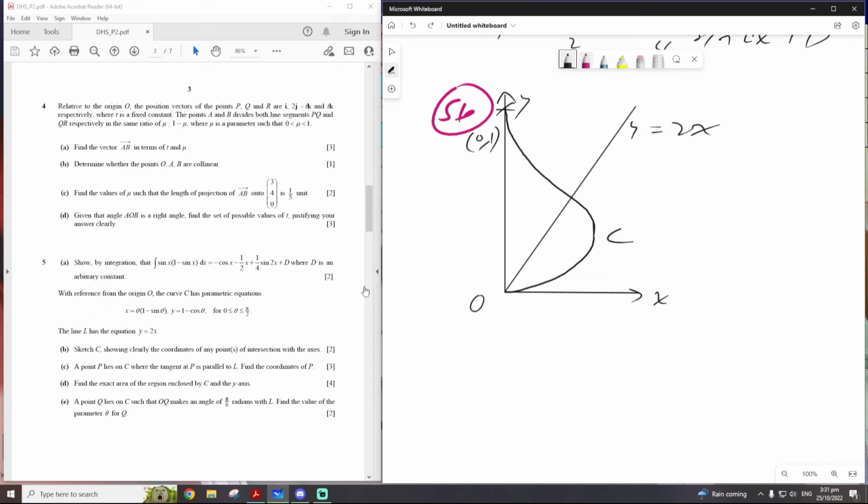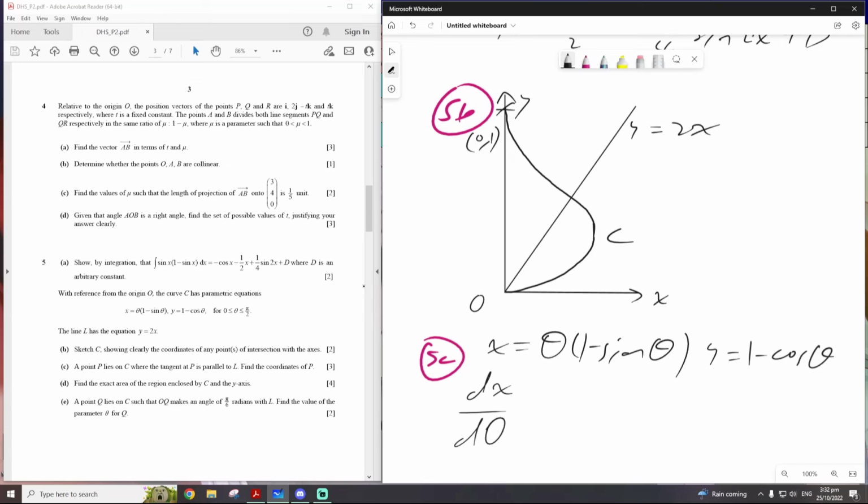So you don't really need to sketch the line on the curve now that I think about it, but never mind. For C, we have x equals to theta, 1 minus sine theta, and y equals to 1 minus cosine theta. So we find dx d theta.